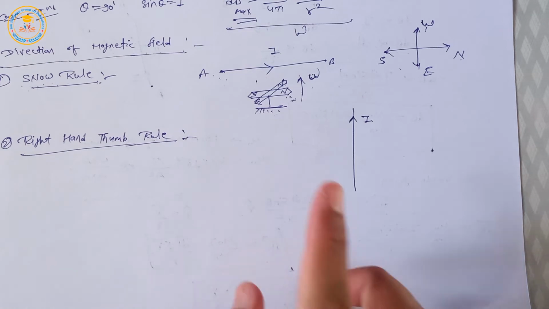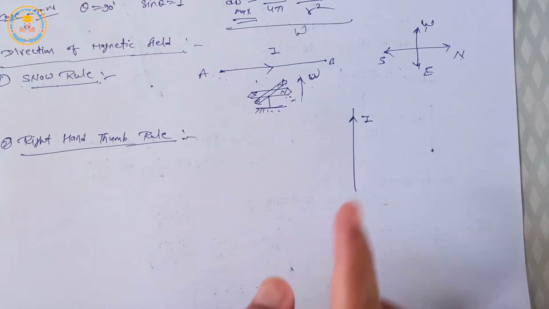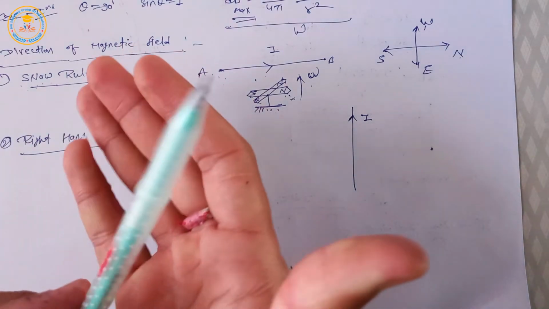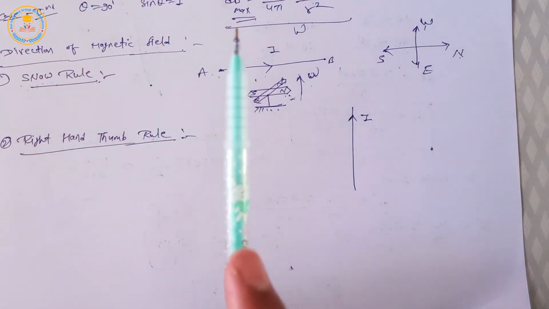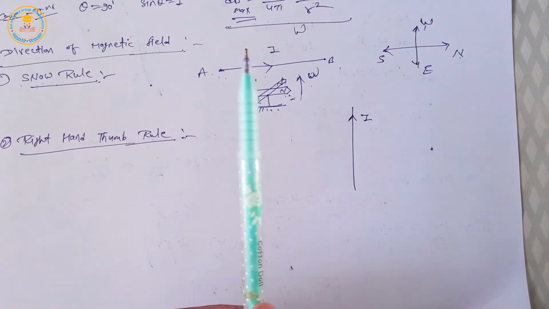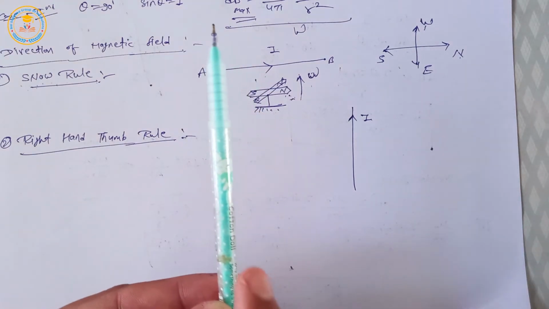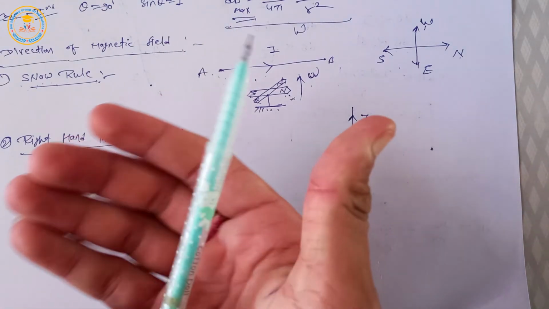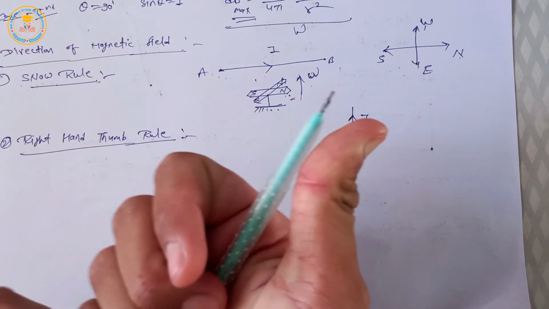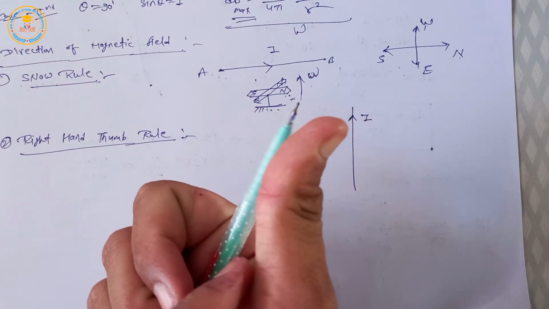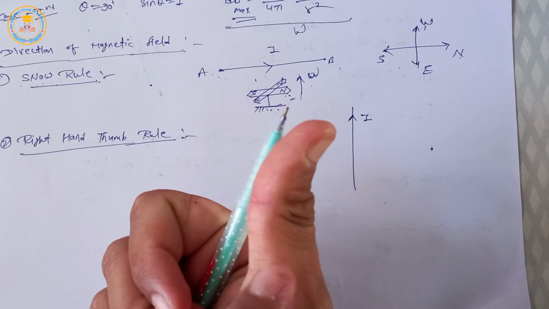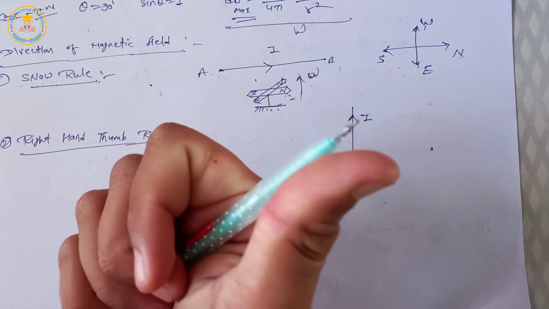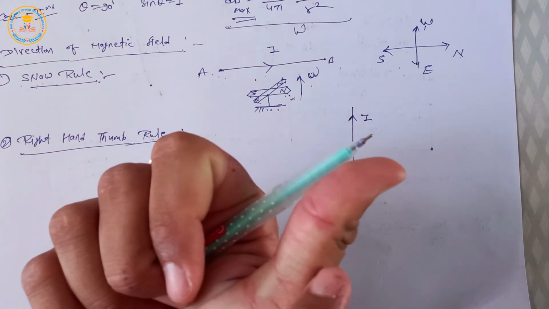If a straight current carrying wire is held in the right hand like this, and the direction of current through it is in this direction, then the conductor is held in the right hand such that the thumb remains in the direction of current. You can see the position of the thumb.